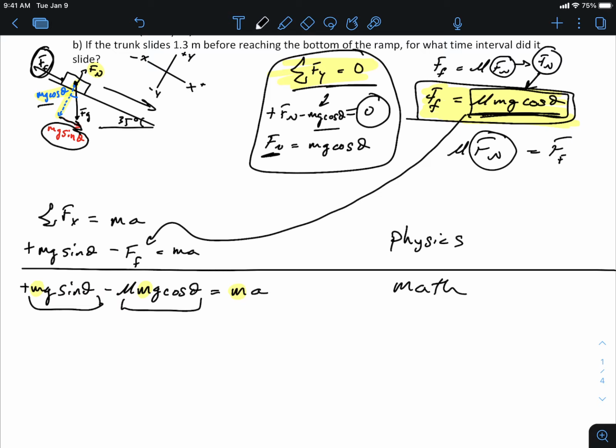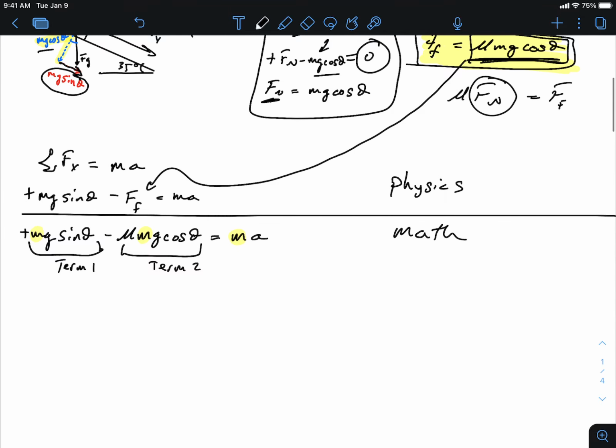But let's just think here. I have term 1 and I have term 2, right? In term 1, it looks like I have a mass, and in term 2, I have a mass. So if I have the same thing appearing in 2 different terms, we can factor.